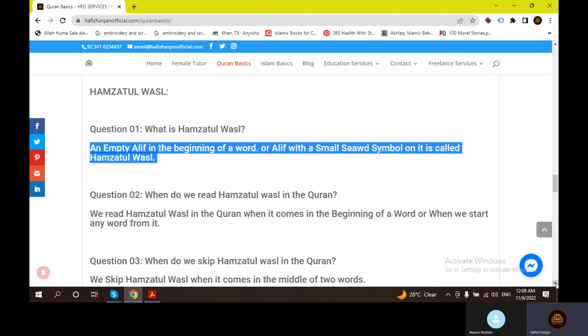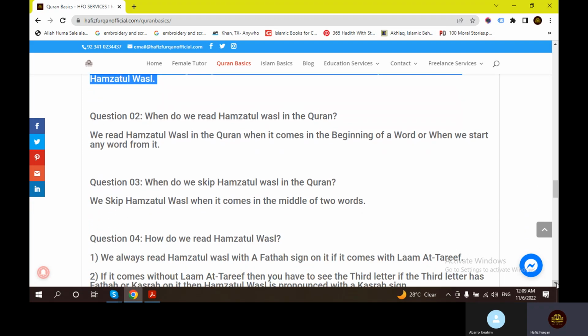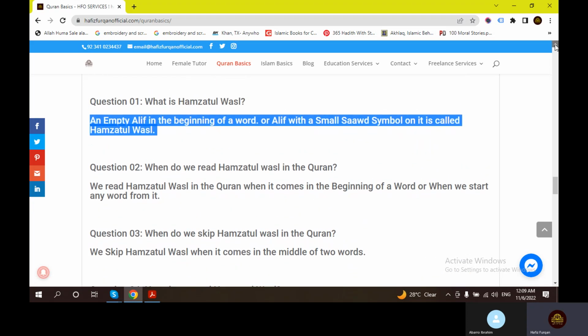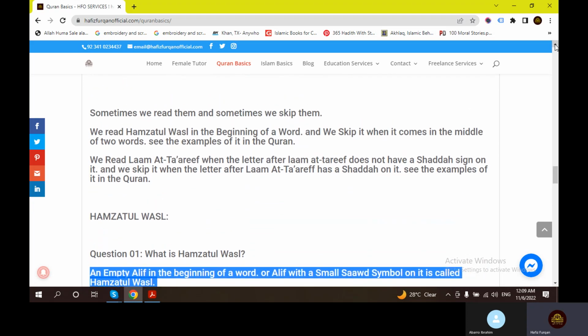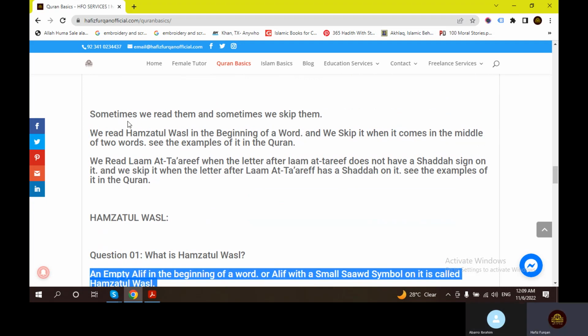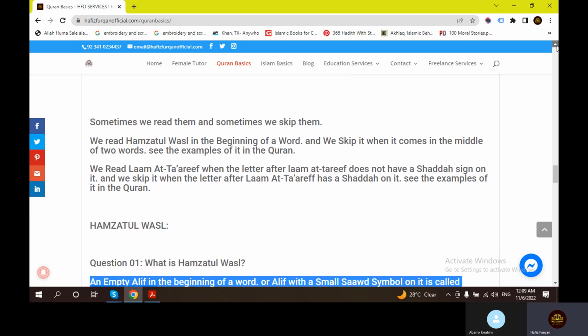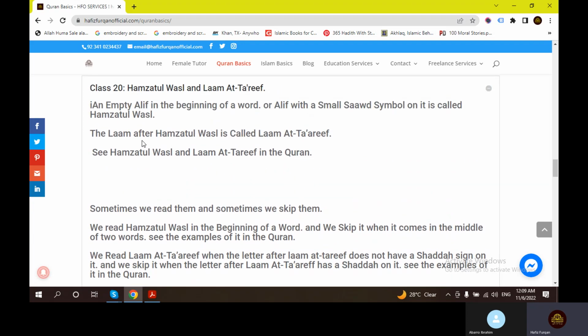Now we have to understand, as I told you yesterday, sometimes we read Hamzatul Wasl and sometimes we don't read it. Sometimes we read them and sometimes we skip them. They are talking about Hamzatul Wasl and Lam Tarif.